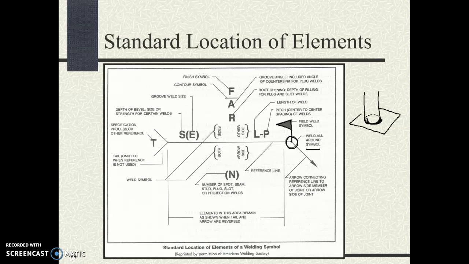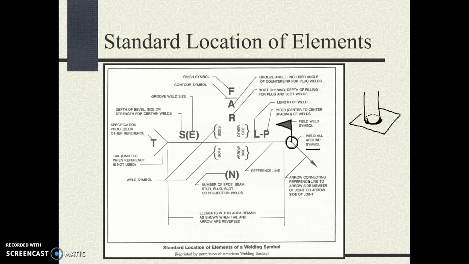The symbols we talked about on the previous slide are going to be attached to the reference line, either below or above the reference line, and there may be a couple numbers following them, indicating maybe the length of the weld and the pitch of the weld.